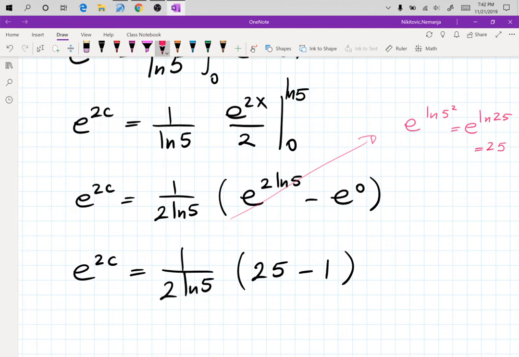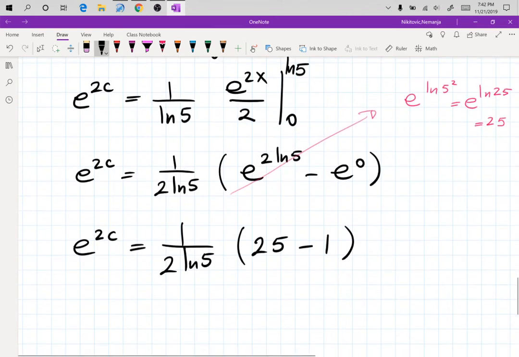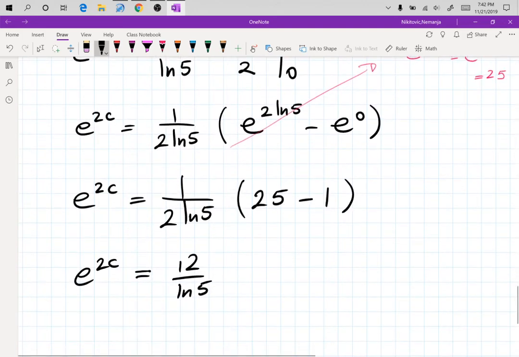So this works out to be 24, cancelled by 2 is 12, so e to the 2c is equal to 12 over ln 5.